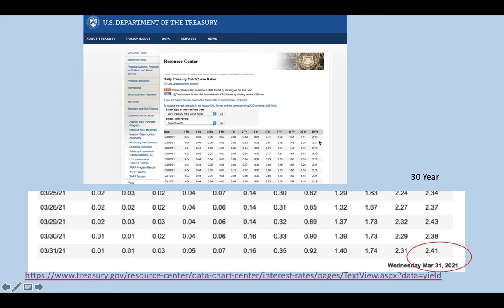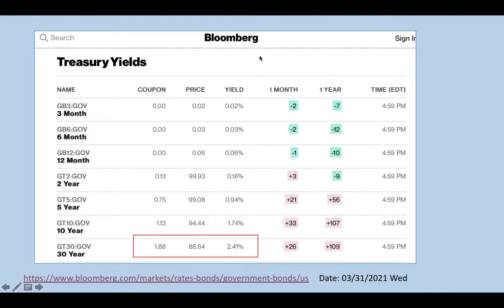I want to walk you through how to understand this yield. Let's say today is Wednesday, March 31st, 2020. The yield on 30-year government bonds is 2.41. What does this 2.41 mean?